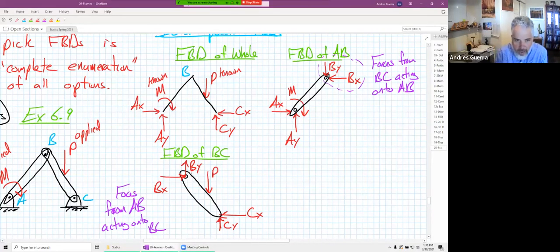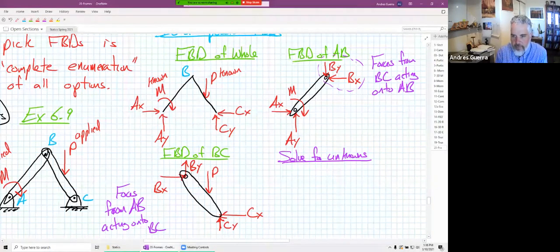Okay, now how are we going to solve this problem? What equations can we use to actually solve for our unknowns? And how many unknowns do we have in our problem here?